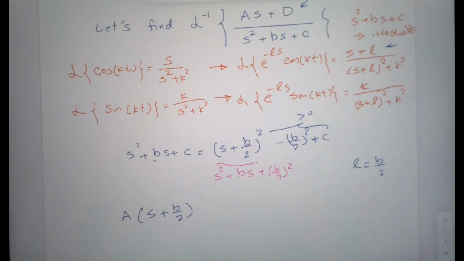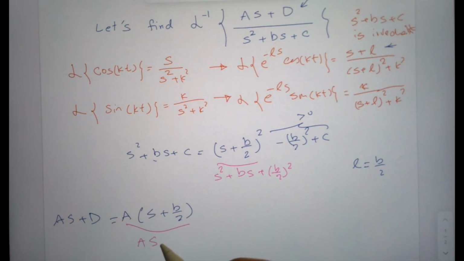And then I figure out what I added to the numerator. I want the numerator to be a multiple of this plus a multiple of that, and I start with the cosine of kt. So a multiple of s plus L and a multiple of k. And so A s plus D is equal to this. Let's compute this again.